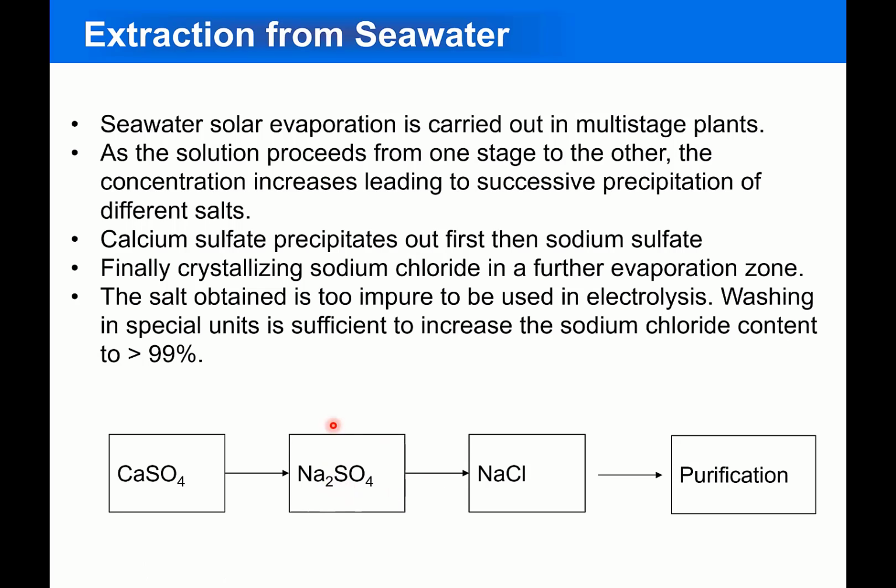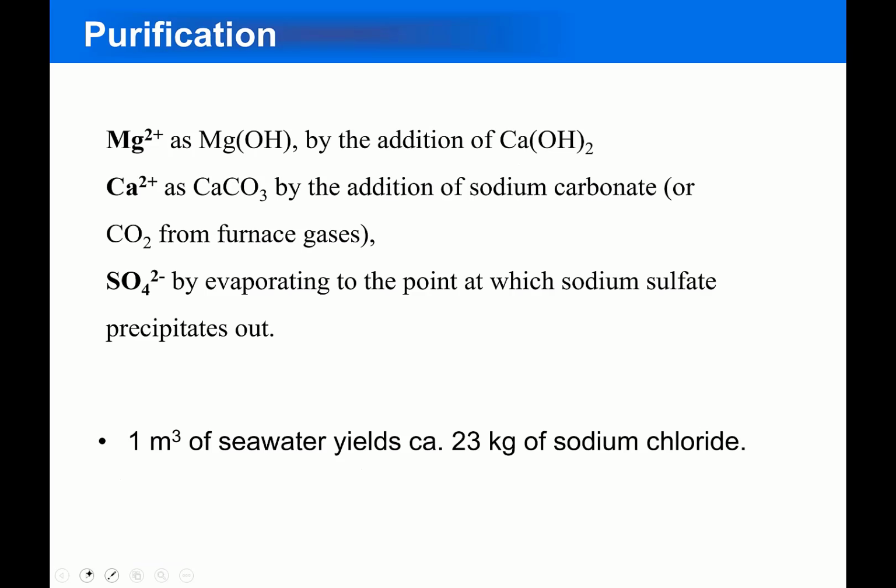But then after you crystallize out all the sodium sulfate, the mother liquor will have very high concentrations of sodium chloride that can be crystallized out and produced and purified in successive steps. The whole target of the purification is to remove impurity cations like calcium salts as well as sulfate ions from the sample. You can get rid of these as insoluble precipitates by adding certain reagents.